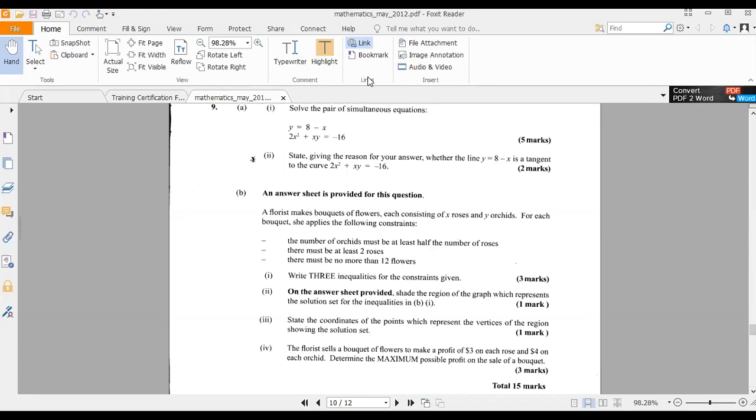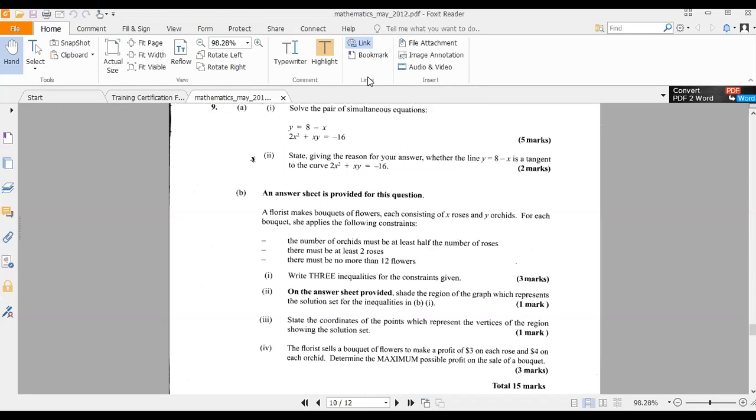Can we use method of elimination here? Yes or no? No, sir. So which method do you suggest that I should use?